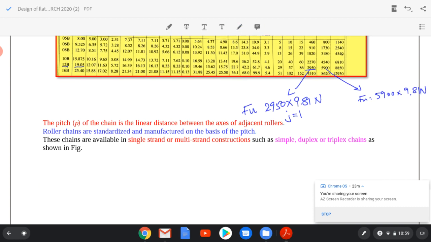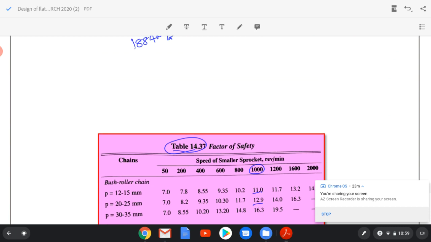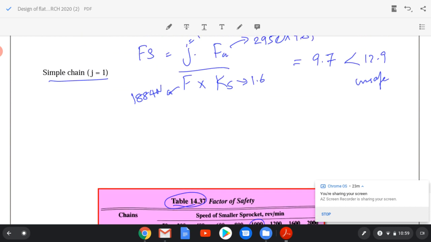Taking that value for duplex chain in our equation, I will write this equation for J equal to 2 for duplex chain.